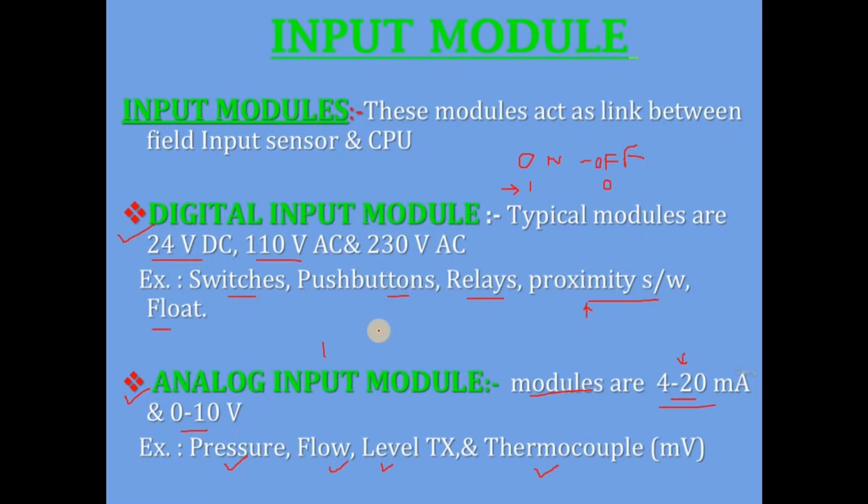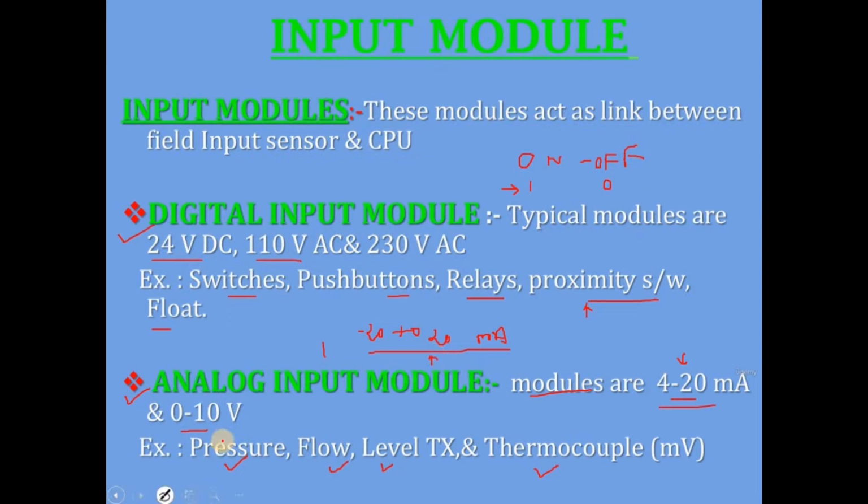If you want to know the negative as well as the positive reading, you have to go with the range minus 20 milliampere to plus 20 milliampere. This is the bipolar case.